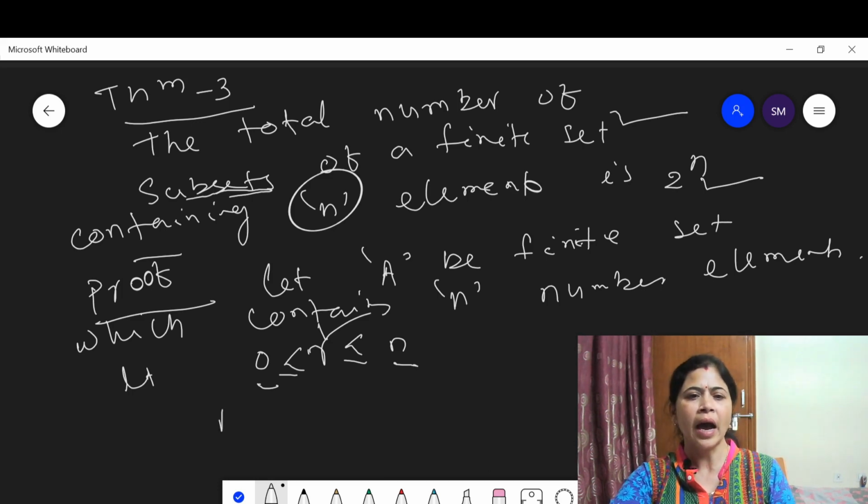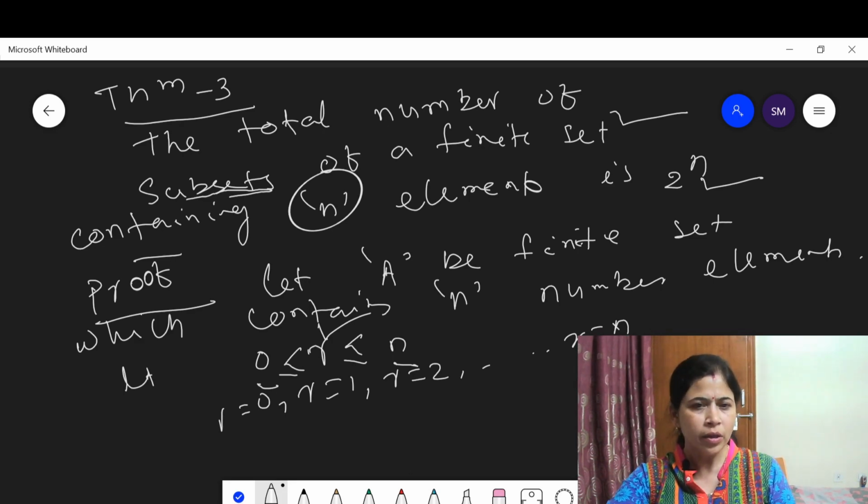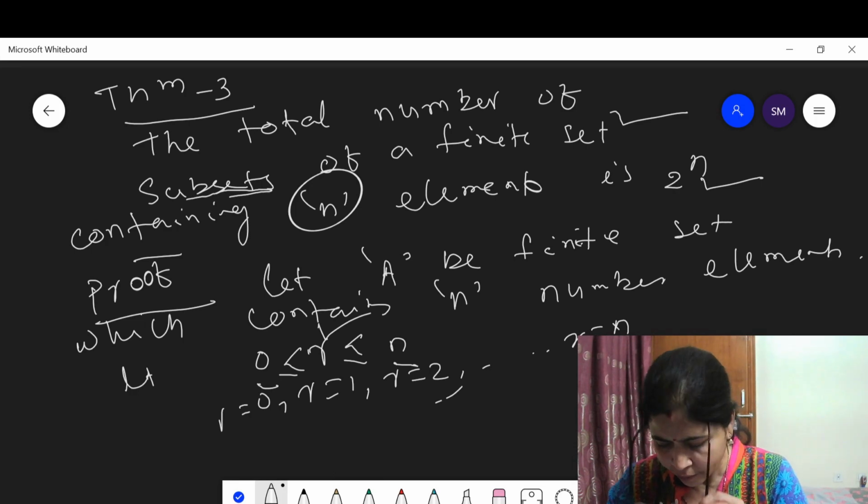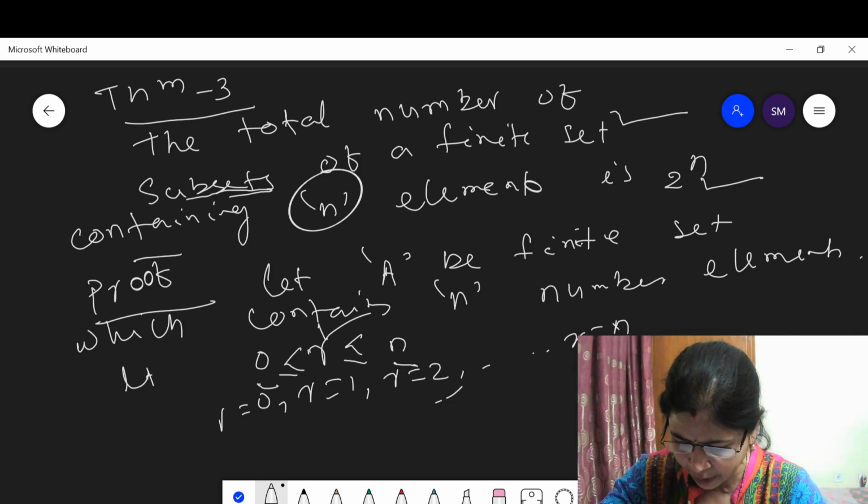Means r equals 0, 1, 2, up to r equals n. This means there are subsets present in the finite set A which contain the number of elements may be 0, may be 1, may be 2, may be 3, may be 4, up to n.